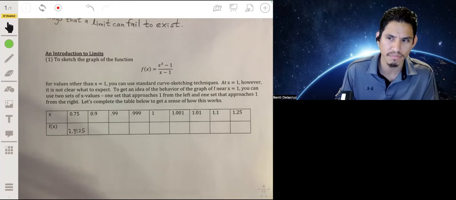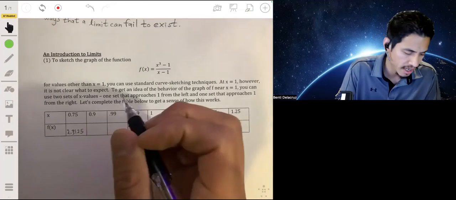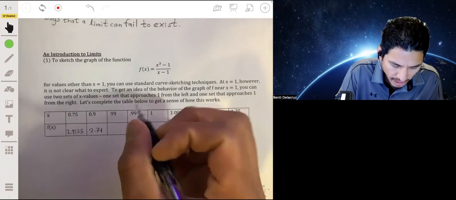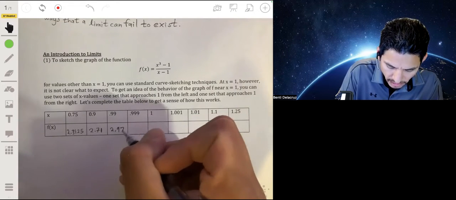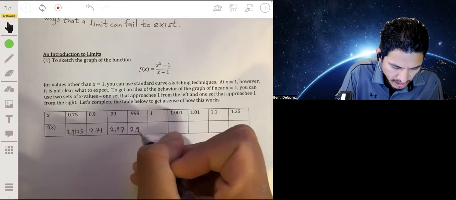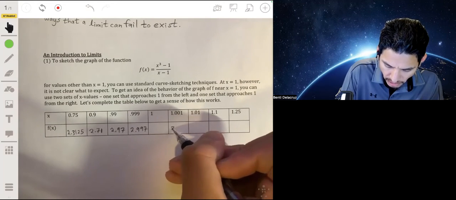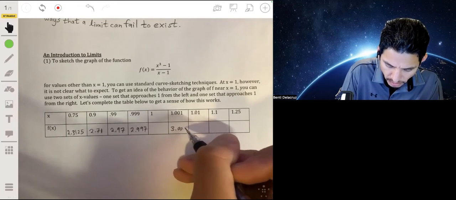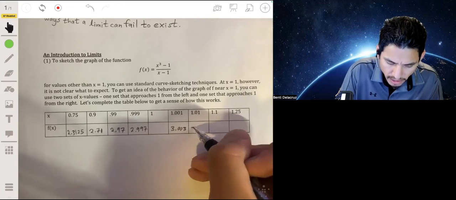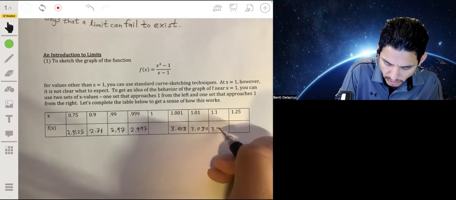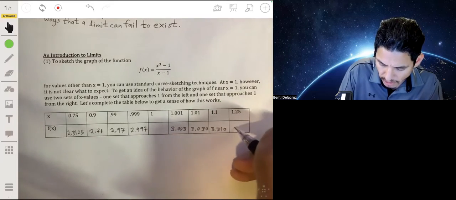So really take the time to plug the numbers in. Anyways, you would get approximately 2.71 for that, and then 2.97 and 2.997, and then when you plug in 1.001, you get about 3.003, and then 3.030, 3.310, and 3.813.